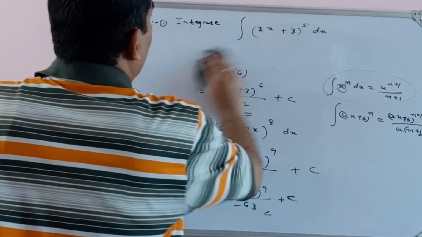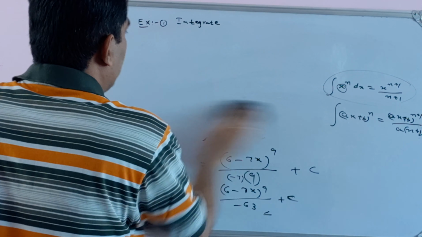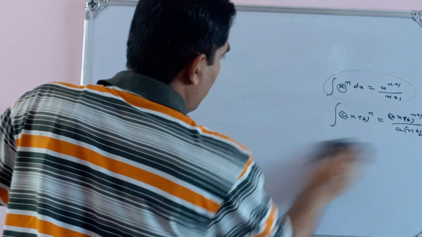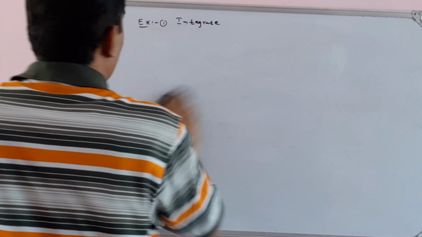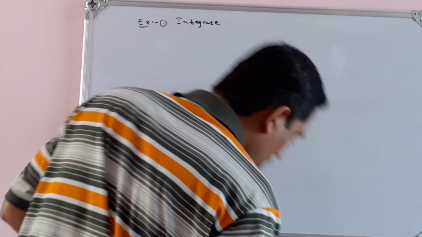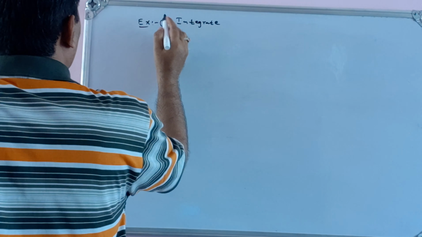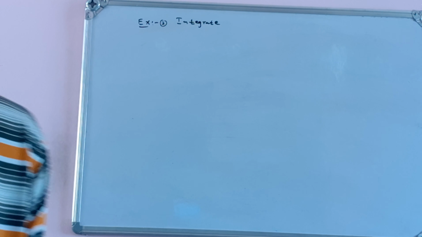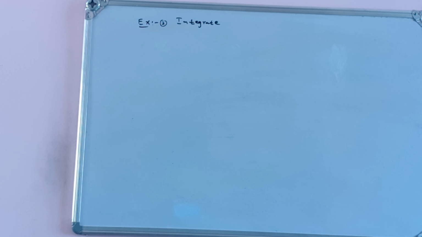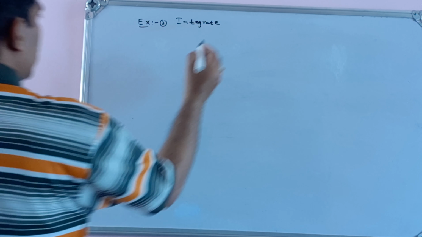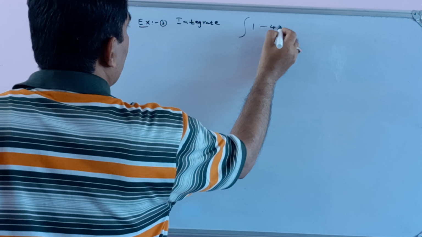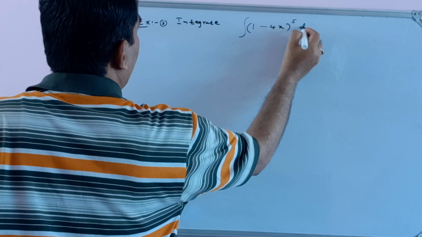Then let us go for the third example. Let me consider one more: 1 minus 4x whole to the power of 5.